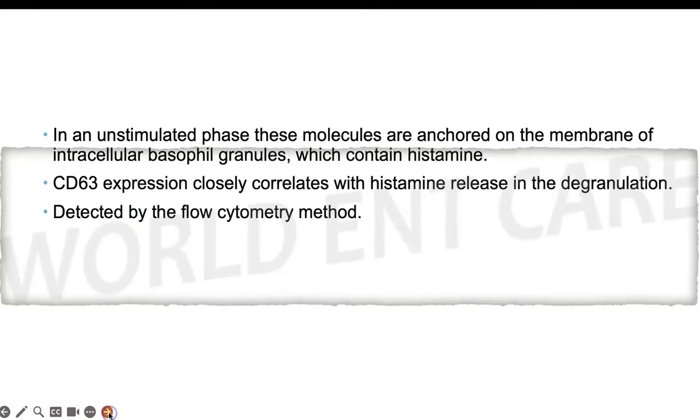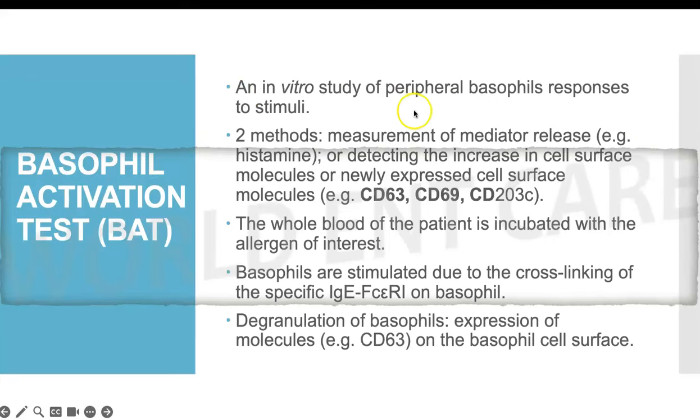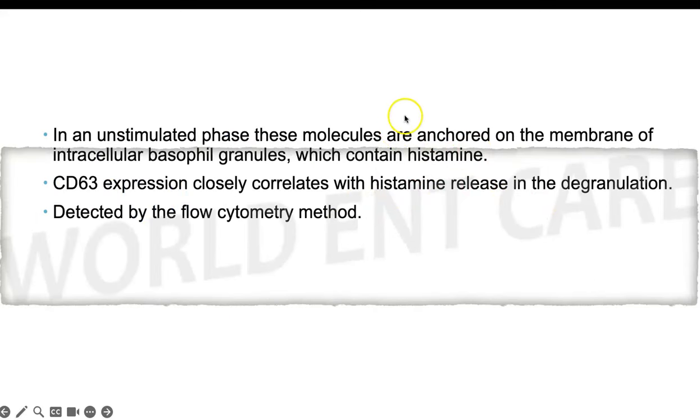The next way is to determine histamine. In an unstimulated phase, these molecules are anchored by the membrane of intracellular basophil granules, and these granules have histamine.